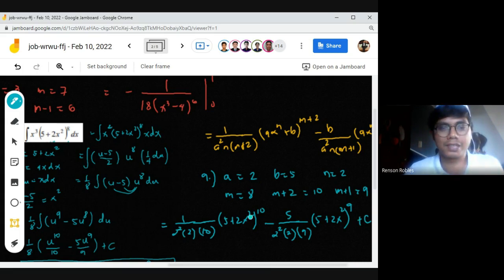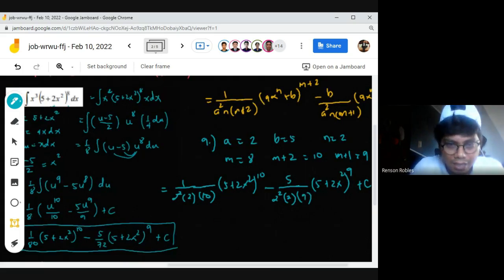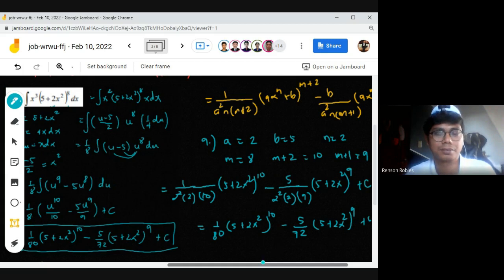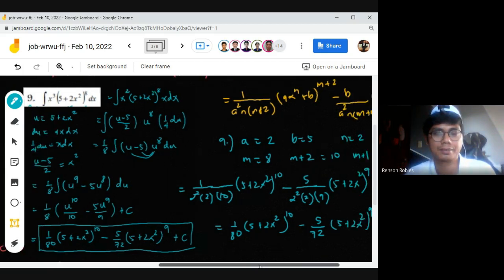Okay? Simplify na lang natin. You still get 2 squared times 2, that's 8 times 10, that's 1 over 80 times 5 plus 2x squared raised to 10, minus 5 over 2 squared times 2, that's 8 times 9, 72, times 5 plus 2x squared raised to 9, and then you add c. And we get the same answer. Right?